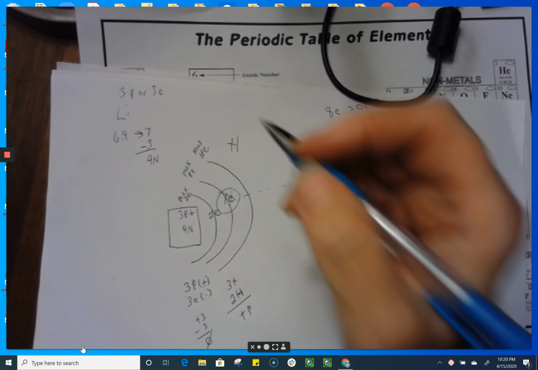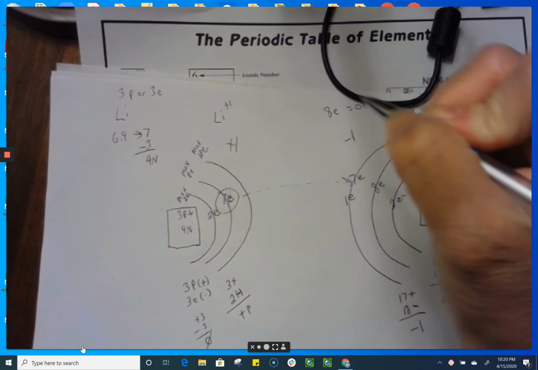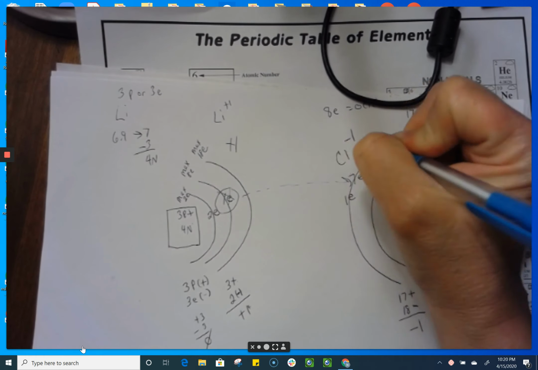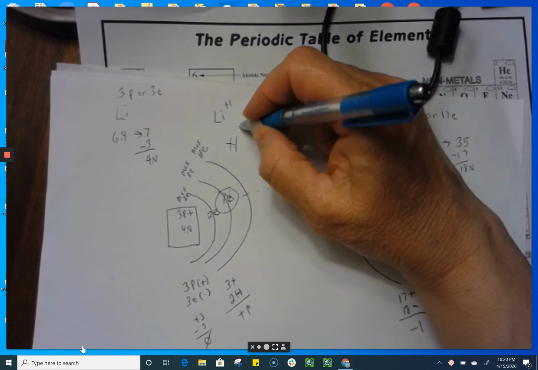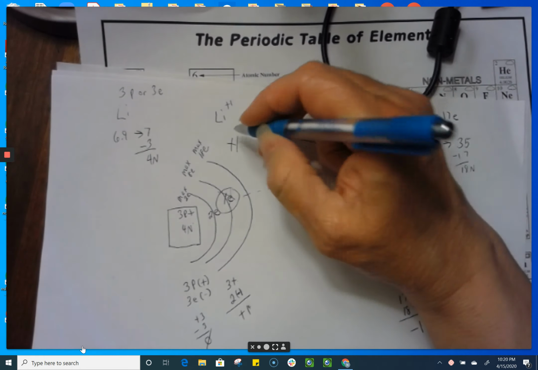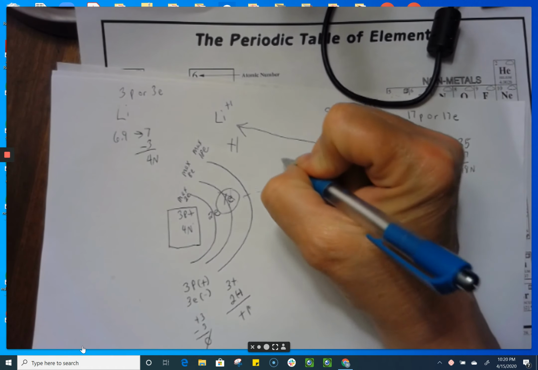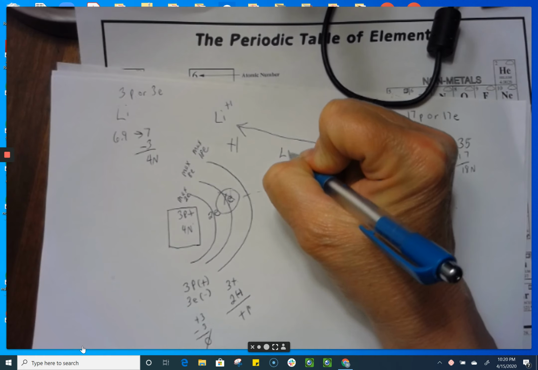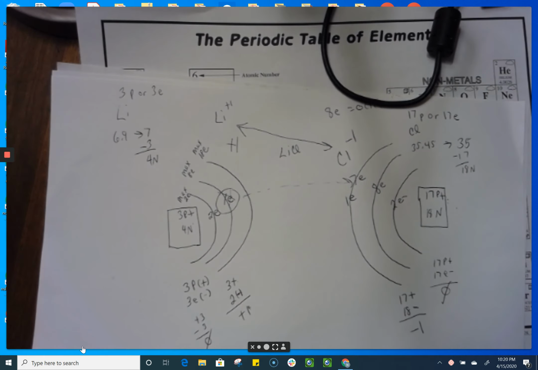So now you have a lithium +1 ion, you have a chlorine -1 ion, and opposite charges attract. So those two ions, which are just atoms with a charge, are going to pull together, and you're going to have a bond forming, and you'll have lithium chloride then.